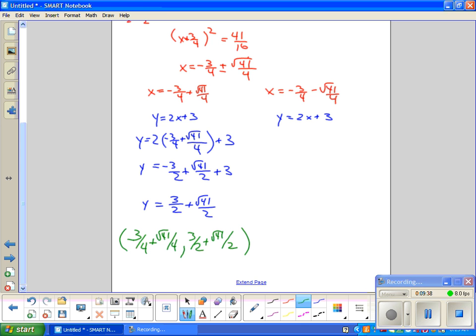Now you've got to rinse and repeat, and solve for the other y value. Now, here's one thing you really want to notice. When you do this, before you work this problem all the way down, I want you guys to look here and here. You notice the only difference between these two is the sign on the radical portion, right?